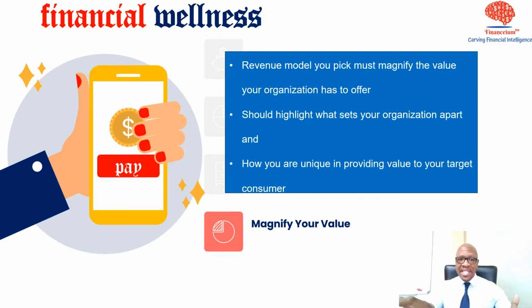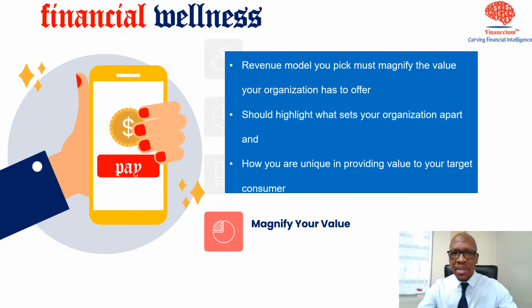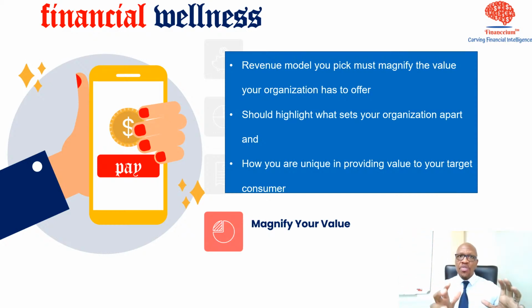So your pricing, to a certain degree, articulates to the consumer, to the client, to the customer, what value proposition you are bringing on the table. So you need to ensure that your revenue model magnifies that value, and how you're pricing to generate the revenue. You've got the capability and ability to set yourself apart from other organizations, and you're speaking to your target audience.